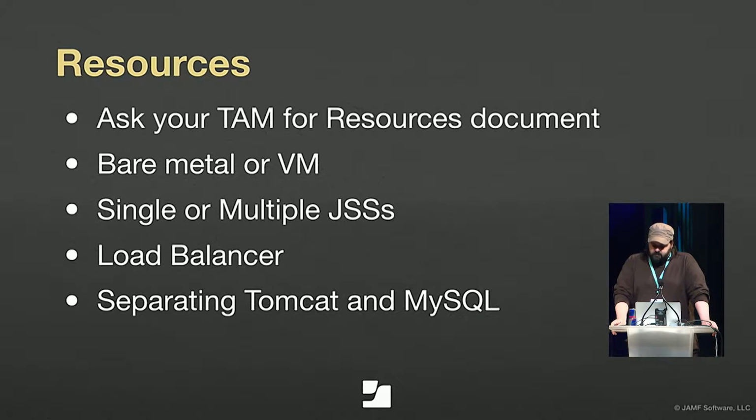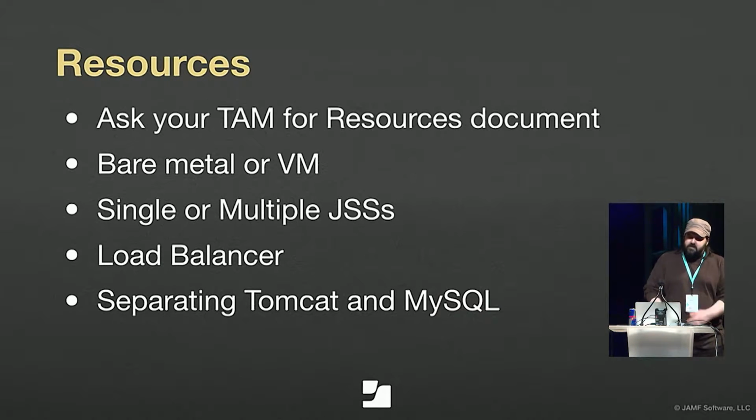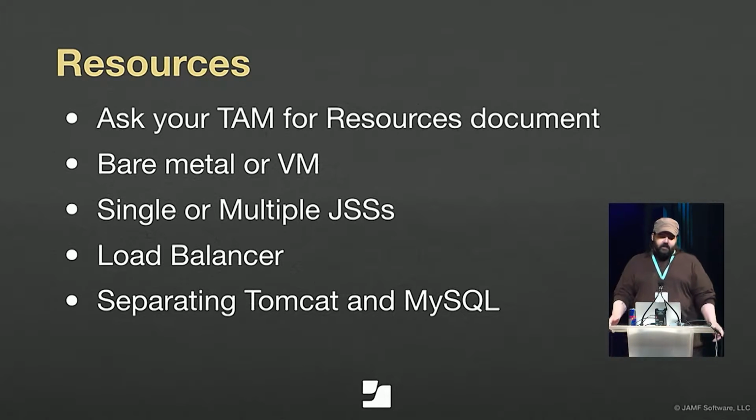So the first thing that I would recommend is ask your TAM. There is a resources document that does exist. Now, we had to ask about 3 times before it was actually acknowledged. It's not a criticism of Jamf, it's just that for whatever reasons, our first TAM didn't know about this document. But that's a really great starting point. I'm not going to provide a link to that.